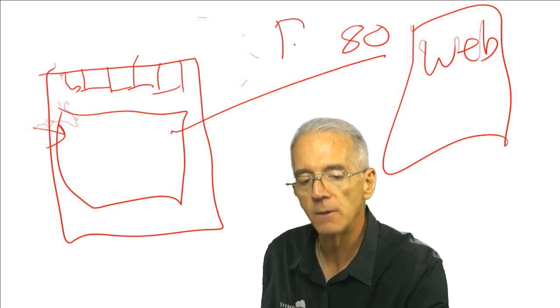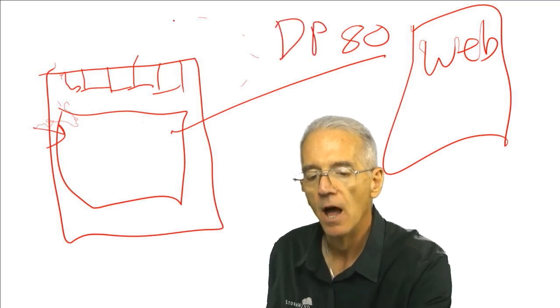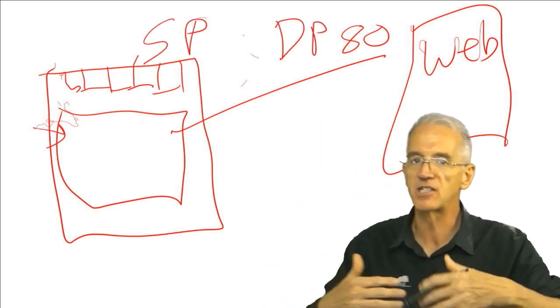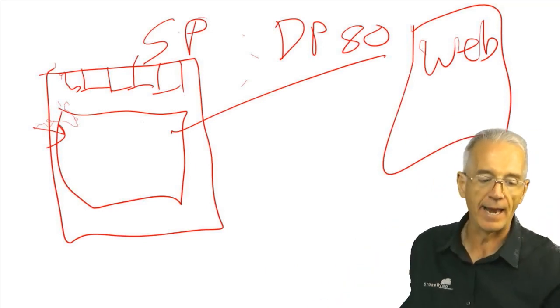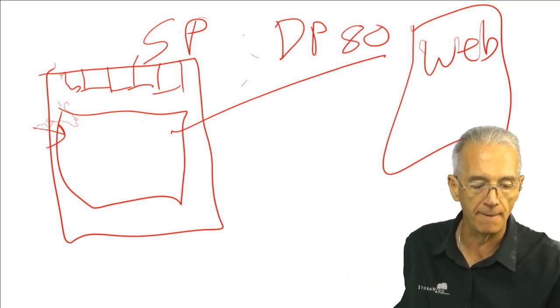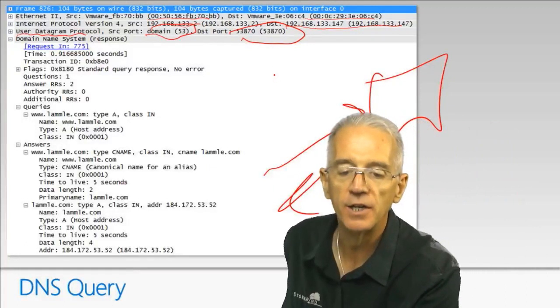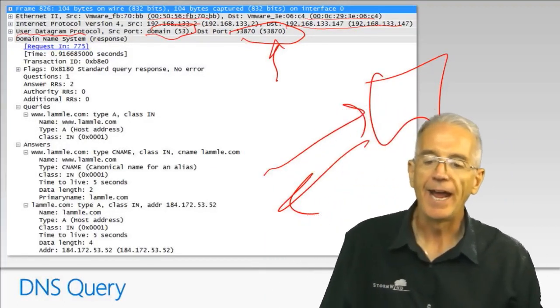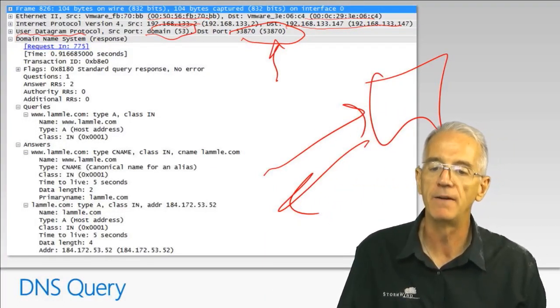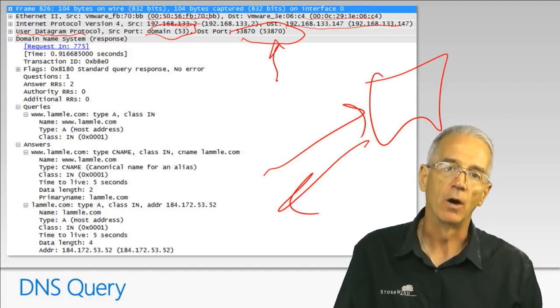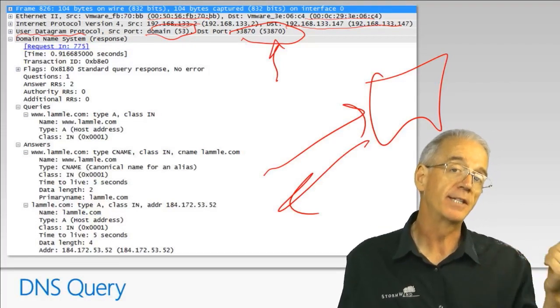So the destination port is going to be port 80. The source port number is going to be something higher than that. And if we look at the decode again, you'll notice that it's using port 53870. That is what differentiates this particular stream.